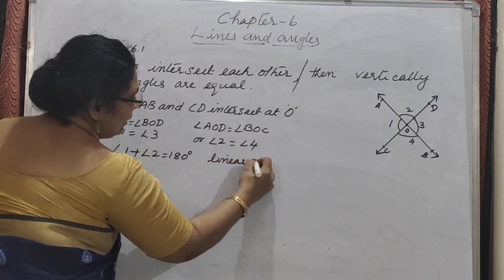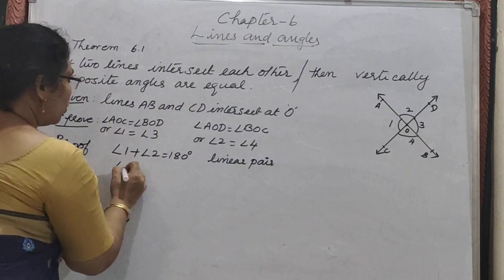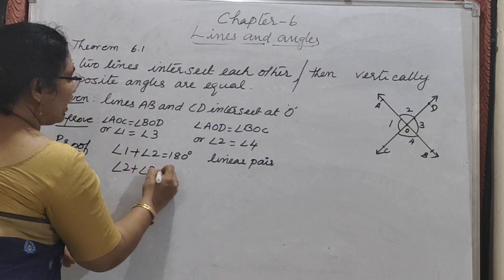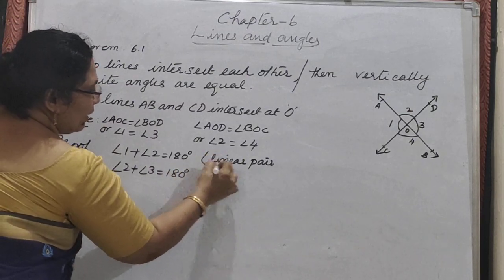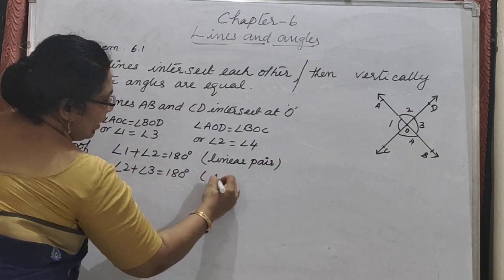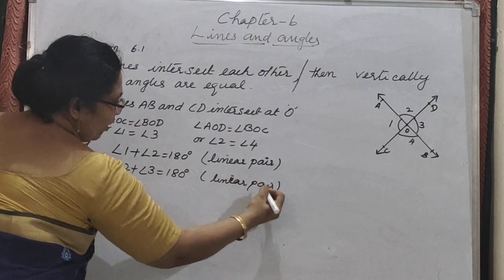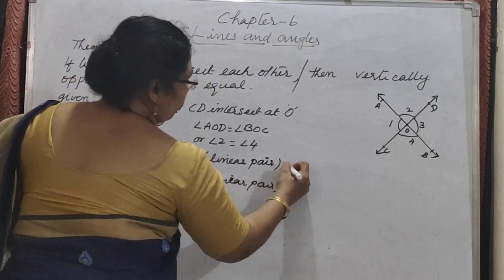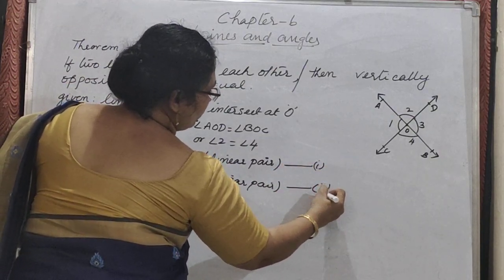One more linear pair I can write: angle 2 plus angle 3 is also 180 degrees. What is the reason again? Linear pair. Since this is the first time we are writing the theorem, I'll write the full statement, a linear pair. This is equation 1 and this is equation 2.